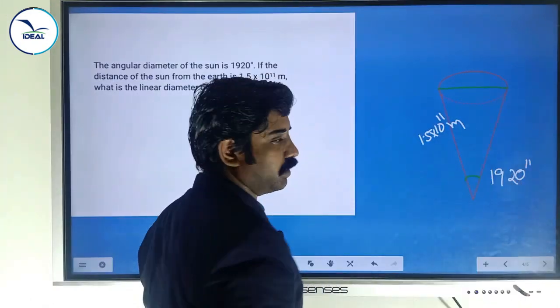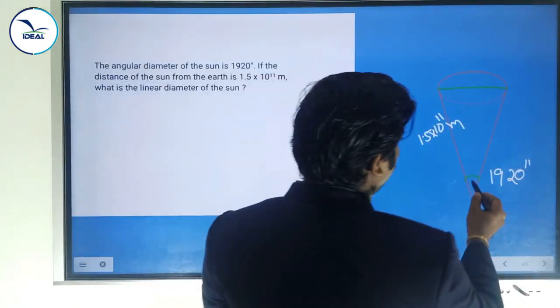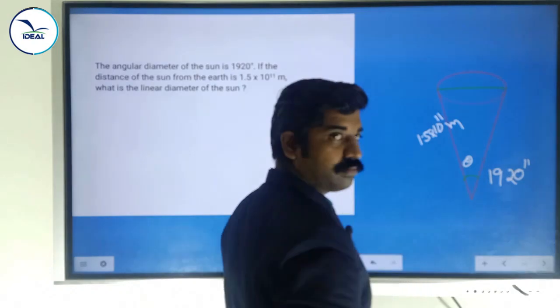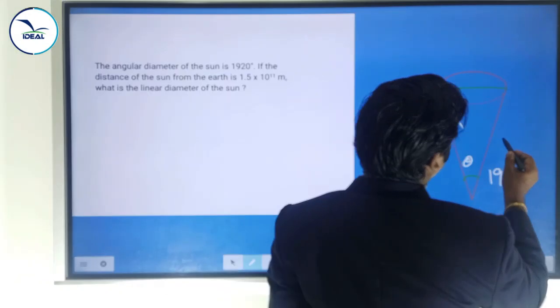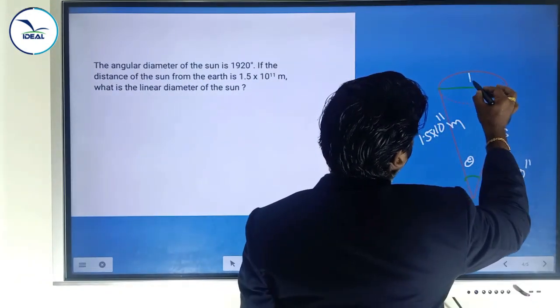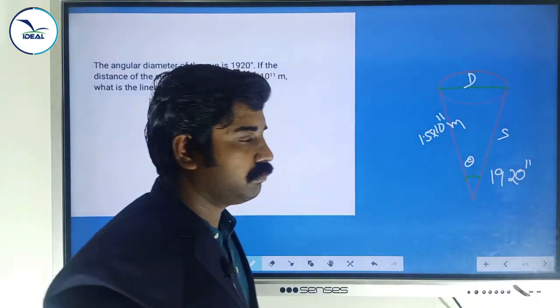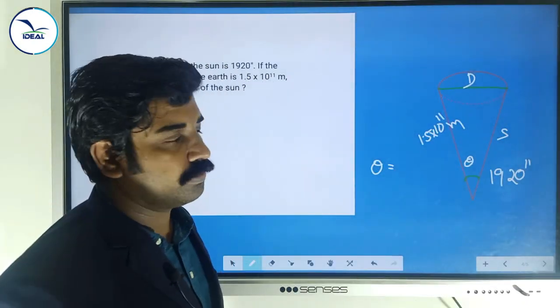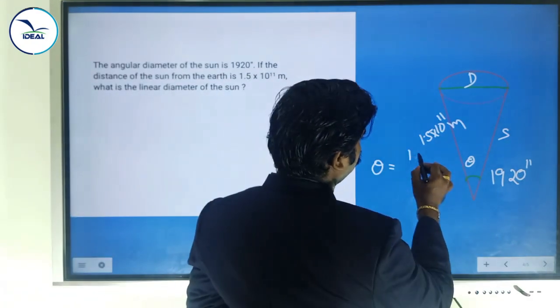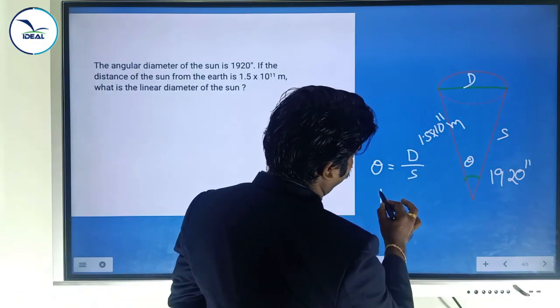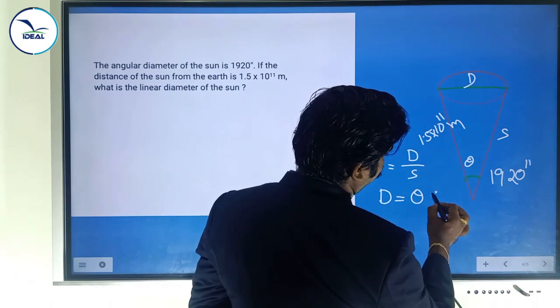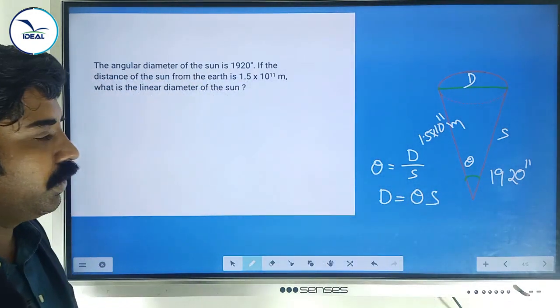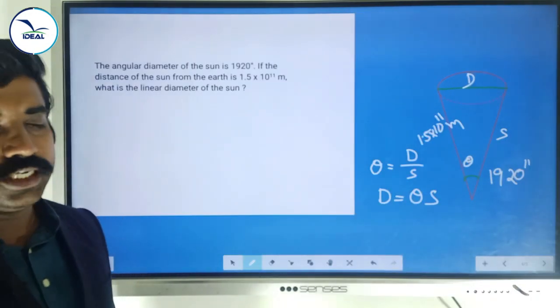This distance is the radius. Here also we can use the arc radius relation. If the distance is taken to be s and the diameter is d, then theta equals d by s, so d equals theta into s.